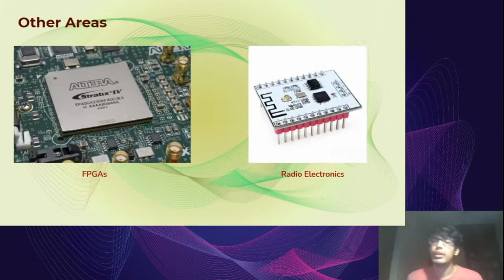Now there are also other areas which I haven't touched upon and which we don't use very commonly because they are more complex, and one of them is FPGAs and programmable logic in general. So what are FPGAs?